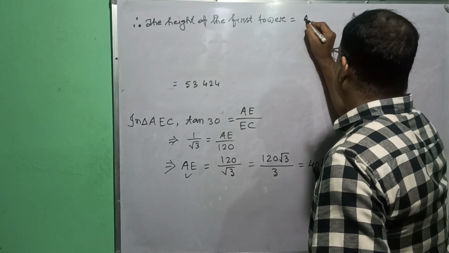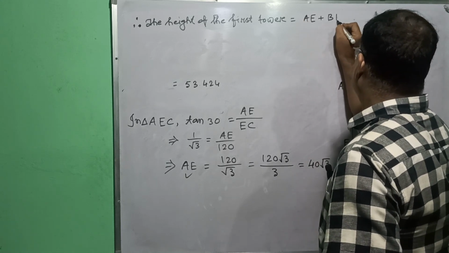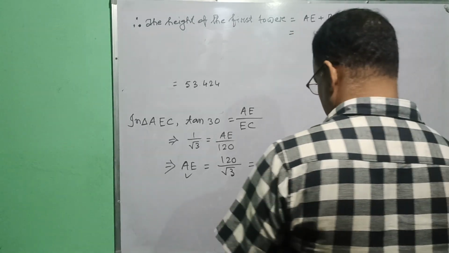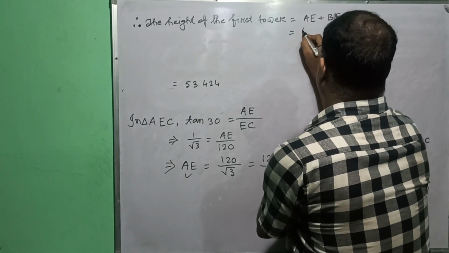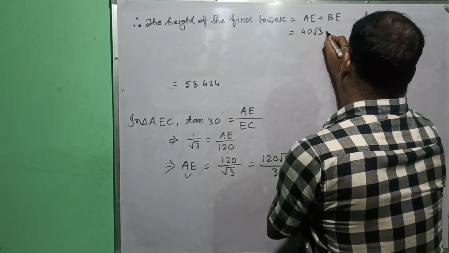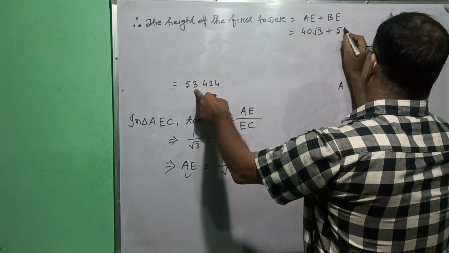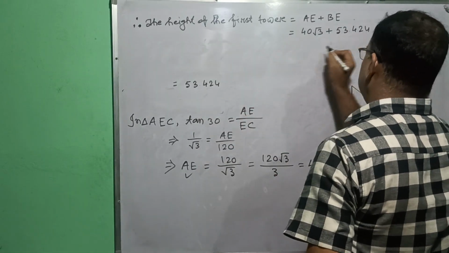So the value of AE is 40 root 3 plus BE equal to 53.424.